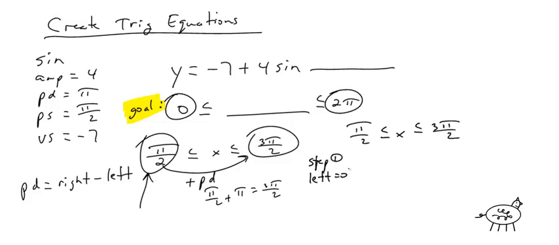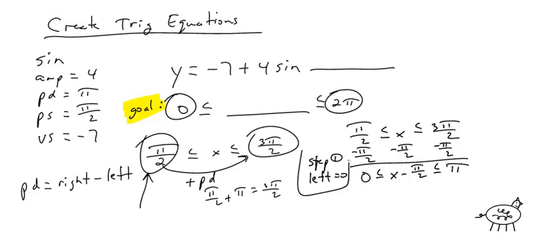It doesn't make sense to multiply, so we're going to subtract pi over 2 from all sides. That gives you 0 less than or equal to x minus pi over 2 less than or equal to pi. So that's our first step.